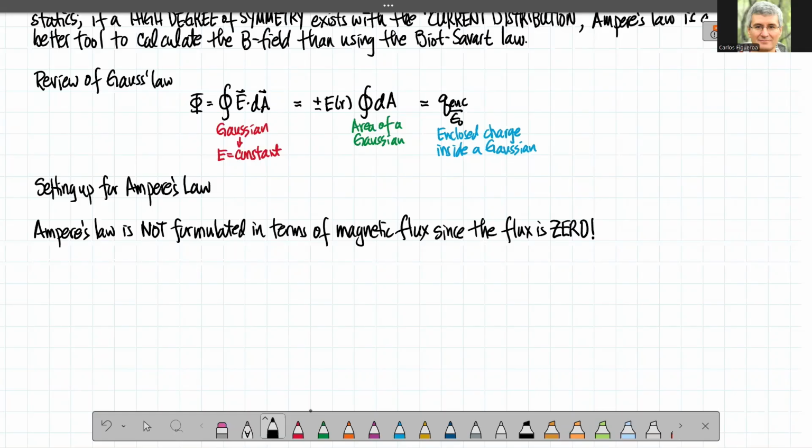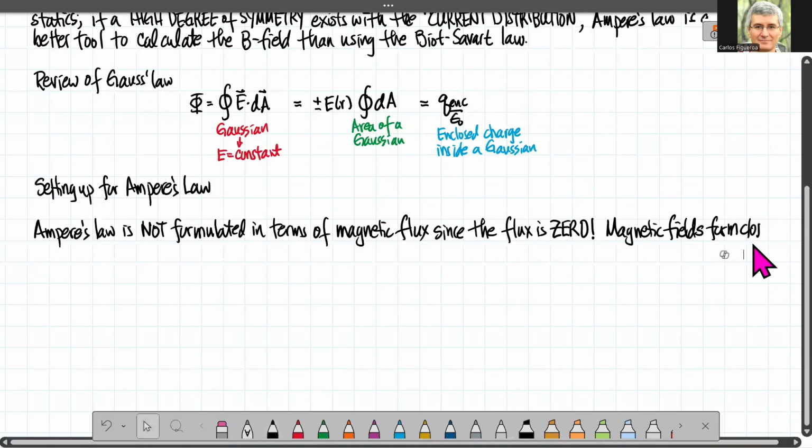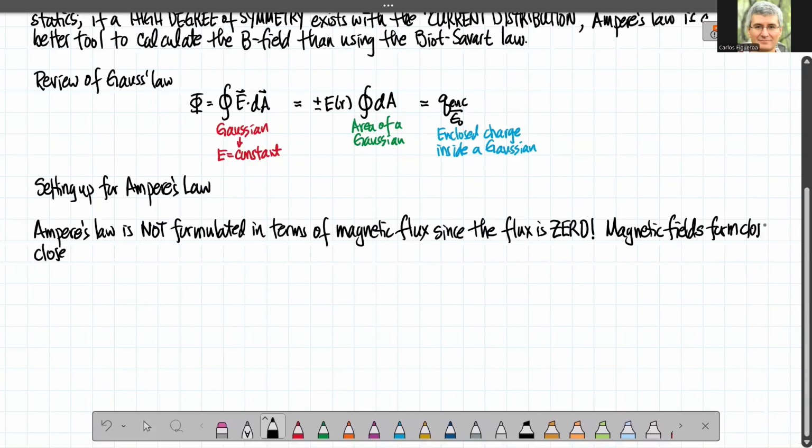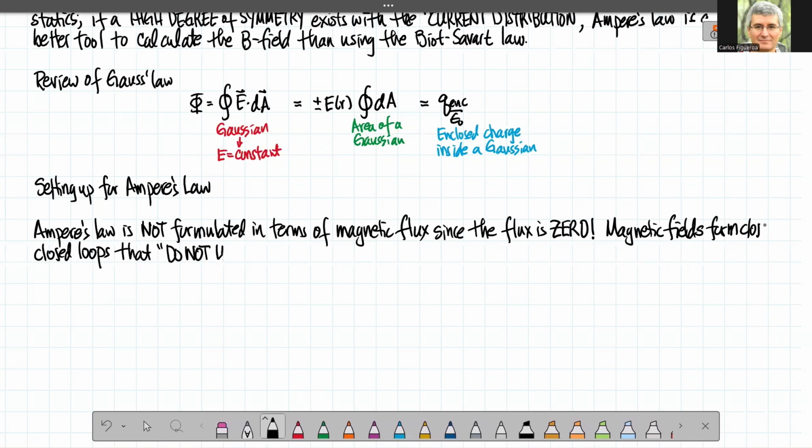And there's good reasons for that. The reason is that magnetic fields form closed loops that do not leak out, and I guess stray magnetic field lines.